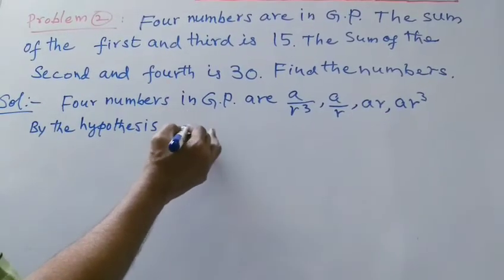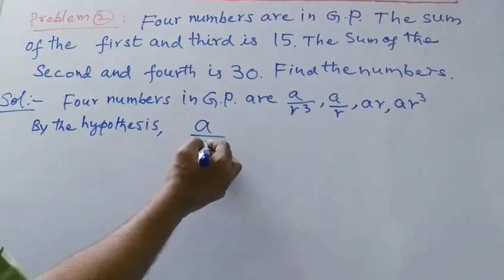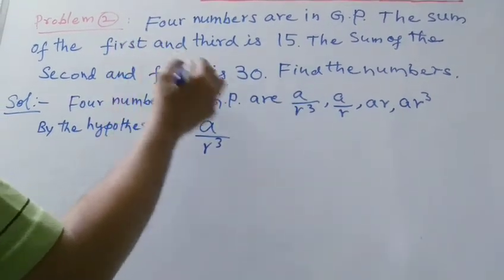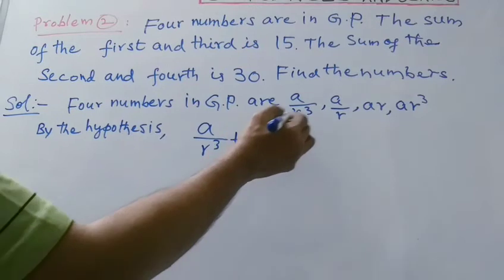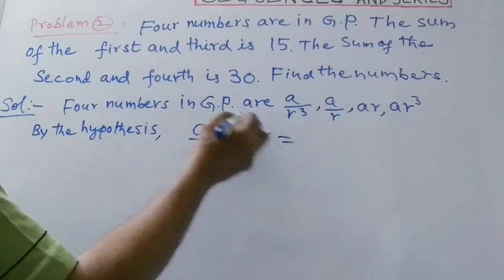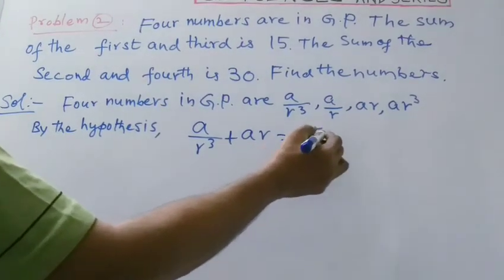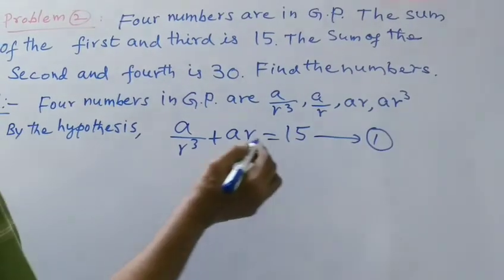That means here A by r cube, the first one, plus the third one, A into r, is 15. It indicates the first relation.